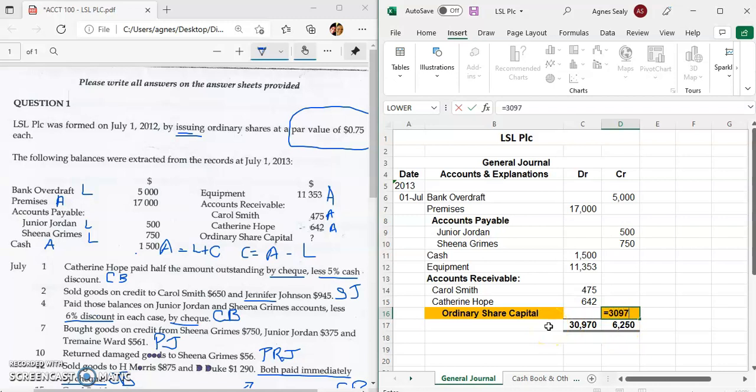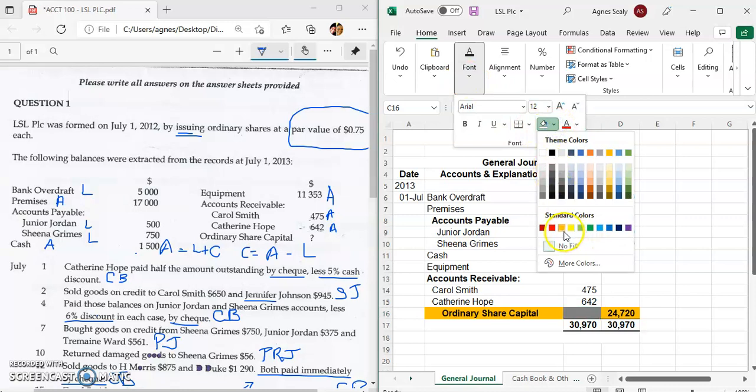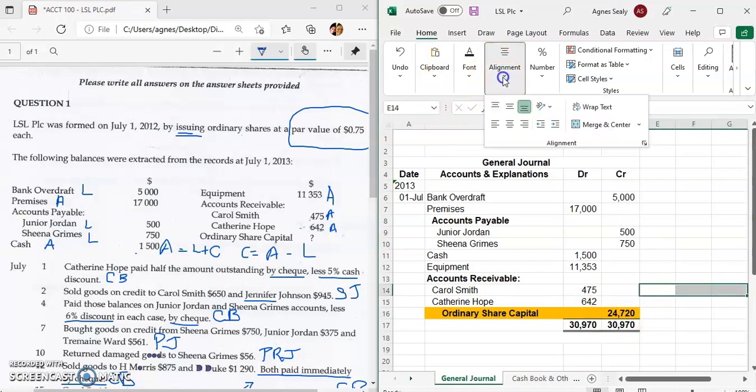So 30,970 minus 6,250, our ordinary share capital is then $24,720. So that's the value of our ordinary share capital, $24,720.